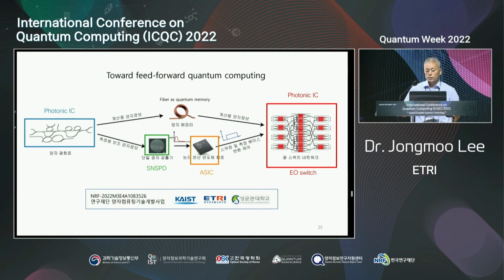And we hope we can show the basic idea of the fit for the quantum computing by the connection of these components, and then in the future we'll try to integrate all of them in a circuit.